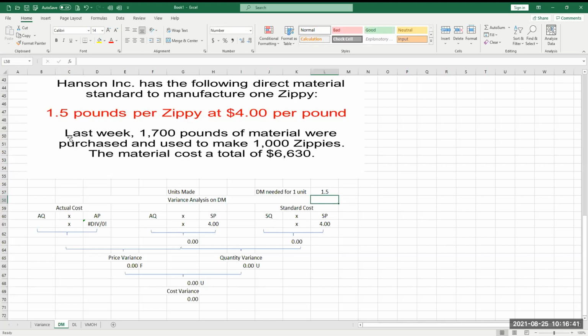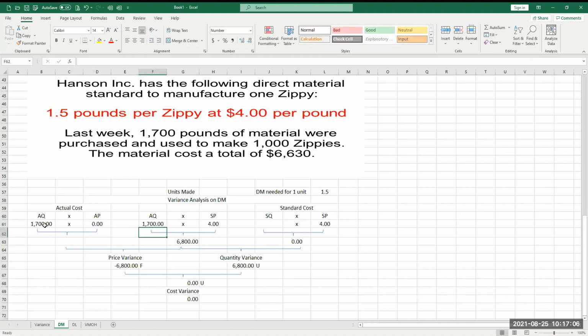Next information. Last week, 1,700 pounds of material were purchased and used to make 1,000 zippies. From this sentence, what do I know? Do I know the actual material which was purchased and used? Yeah, 1,700. Let's fill the gaps.